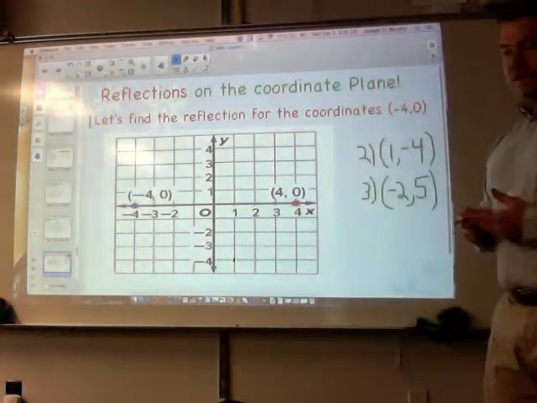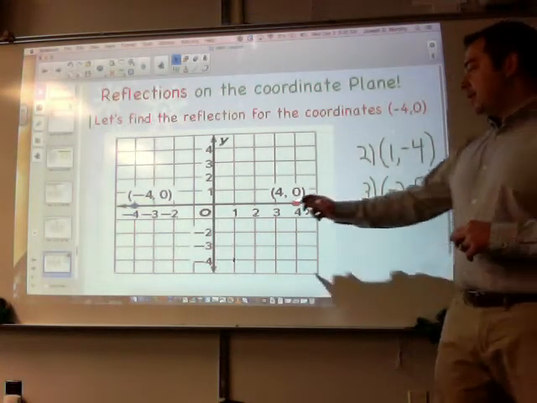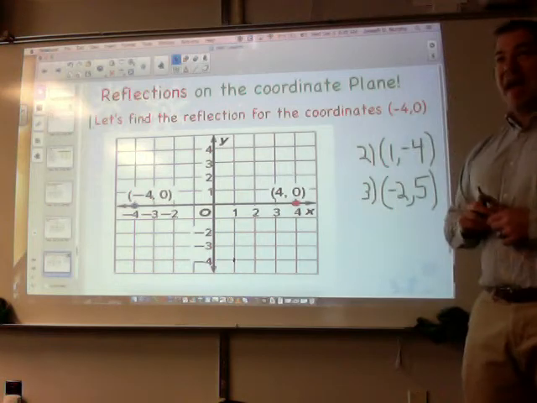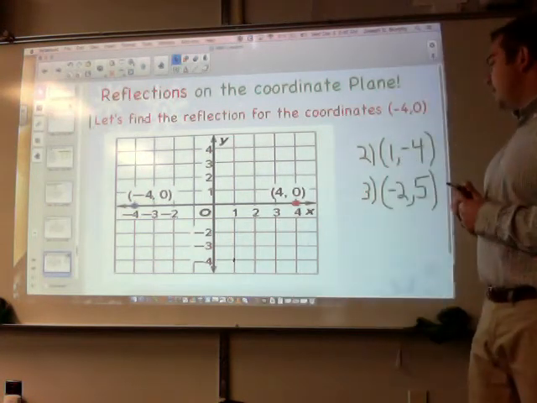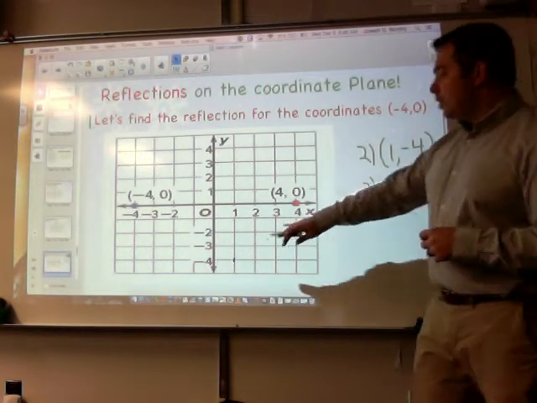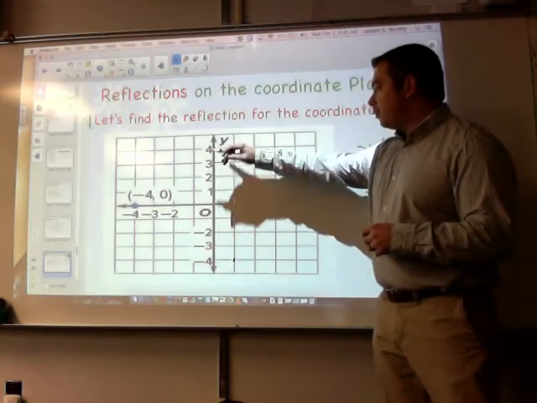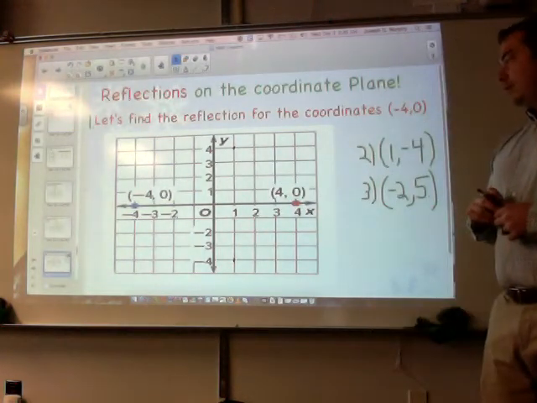I can reflect this two ways right now. Let's first reflect it across the x-axis. So if I am 1, -4, it's basically going to come all the way over to +4, and it's still going to be at 1.